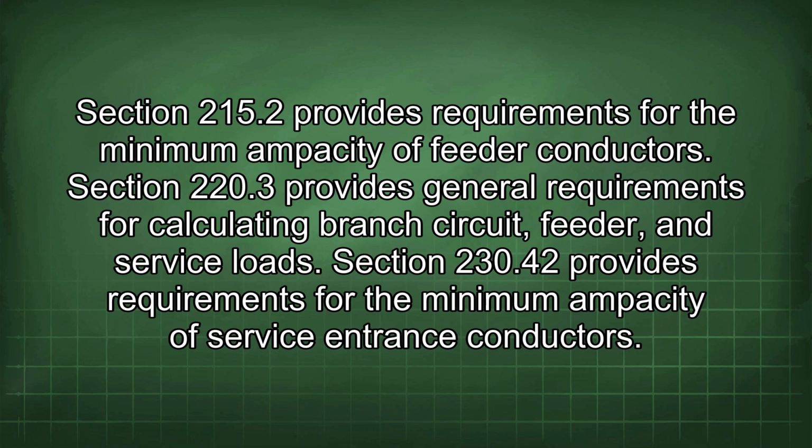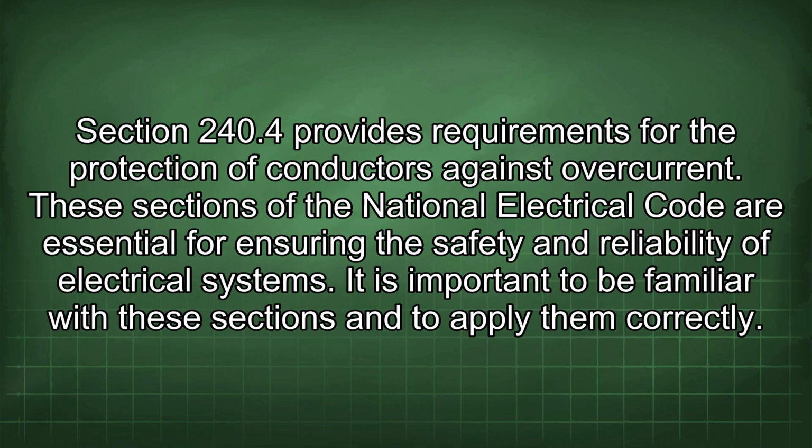Section 230.42 provides requirements for the minimum ampacity of service entrance conductors. Section 240.4 provides requirements for the protection of conductors against overcurrent. These sections of the National Electrical Code are essential for ensuring the safety and reliability of electrical systems. It is important to be familiar with these sections and to apply them correctly.